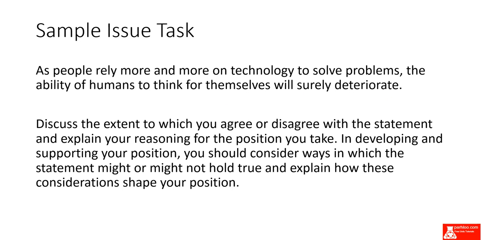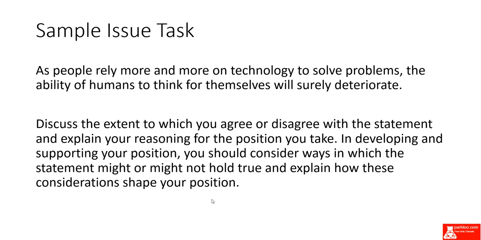If you look at the instructions, it says to state the extent to which you agree or disagree with the statement, and explain your reasoning for the position you take. In developing and supporting your position, you should consider ways in which the statement might or might not hold true and explain how these considerations shape your position.